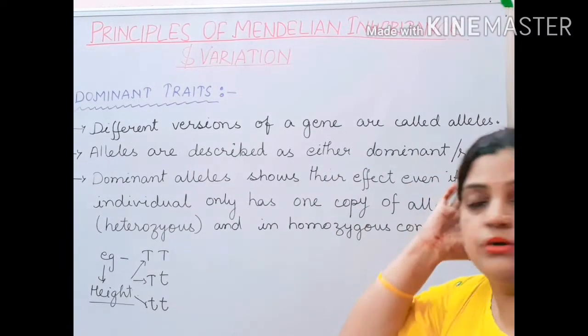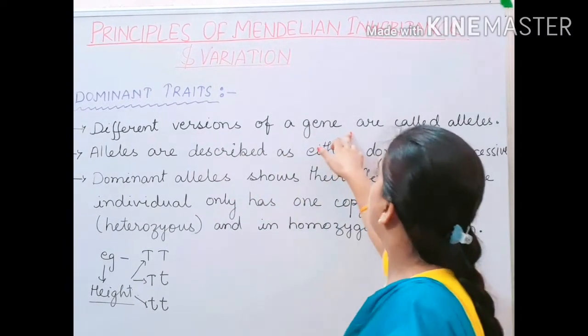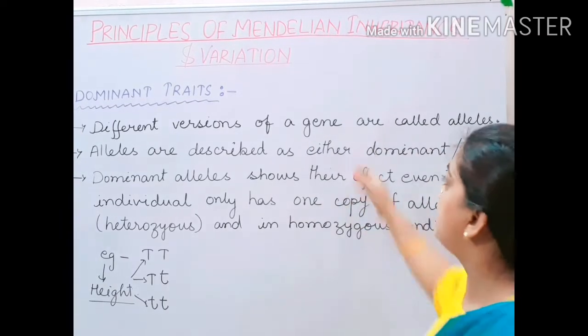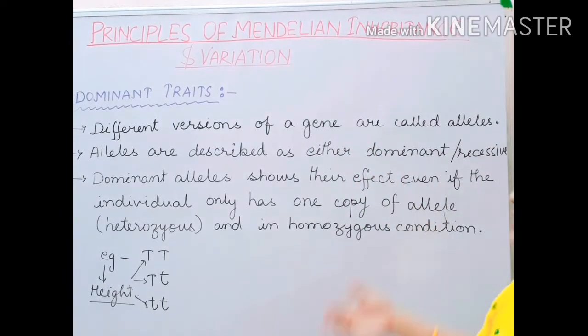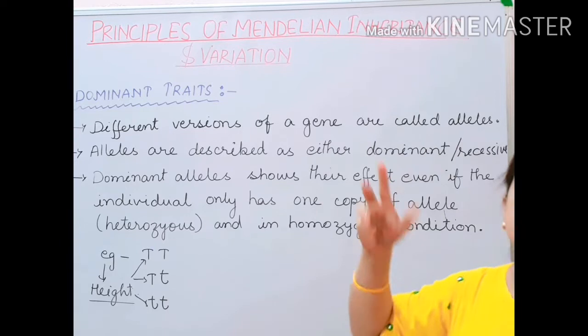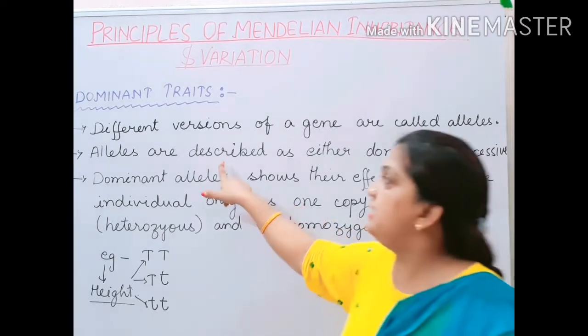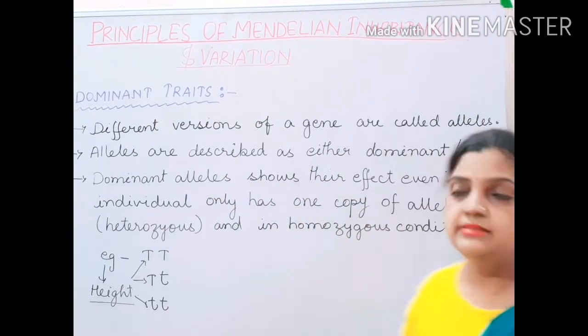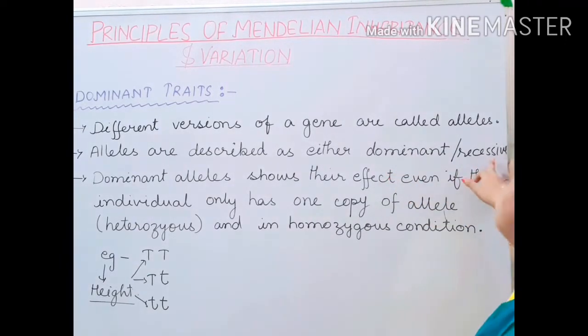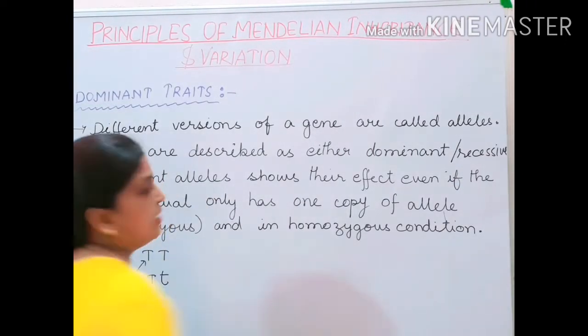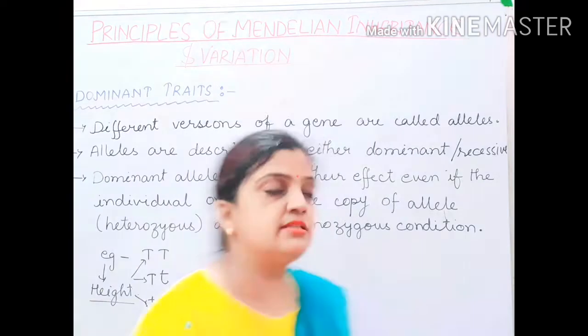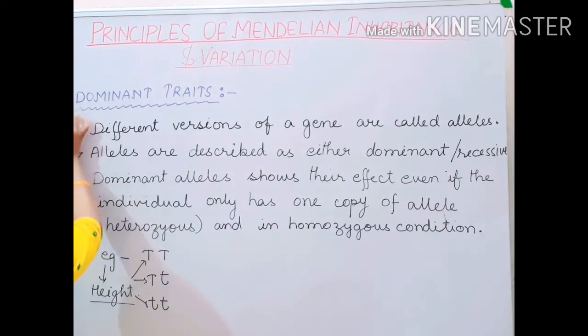Children, you know that genes have different versions, and those versions have alleles in them. Alleles can be described either as dominant or as recessive. What we need to understand is this point.